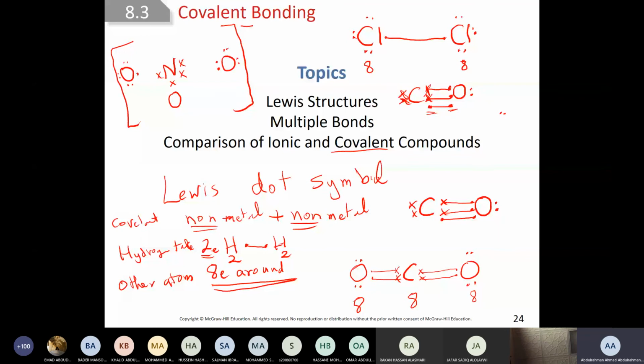All right, and then we have one electron here also. Oxygen is dot. Yes, are you able to do it?